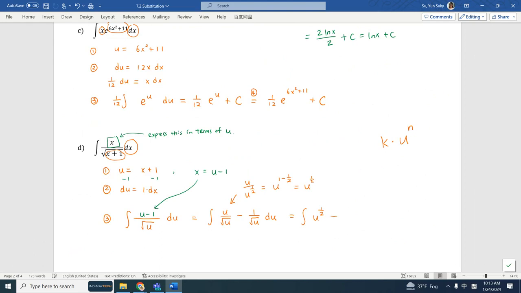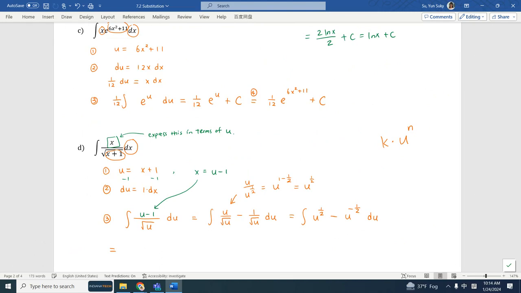Okay, how about the second term? What is 1 over the square root of u? This is u to the negative 1/2. It's negative because it's in the denominator. Yes, everybody? du.